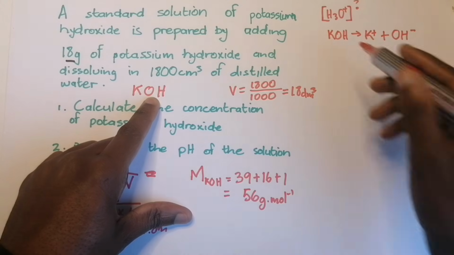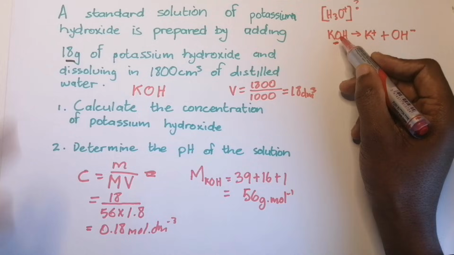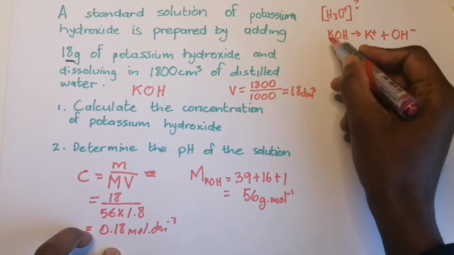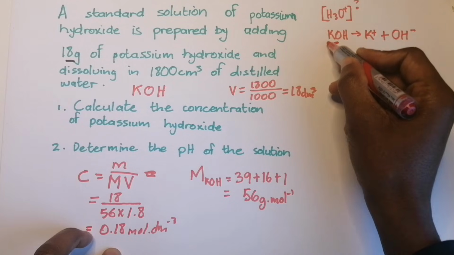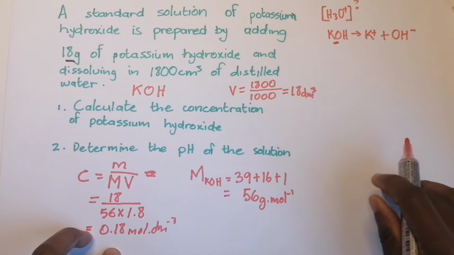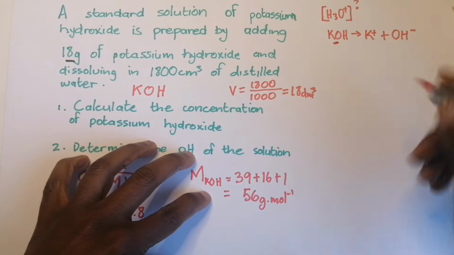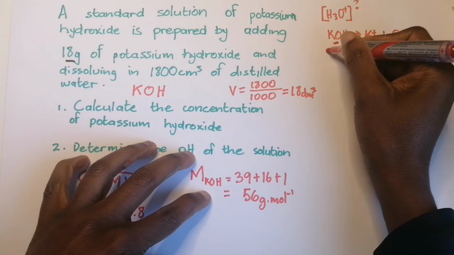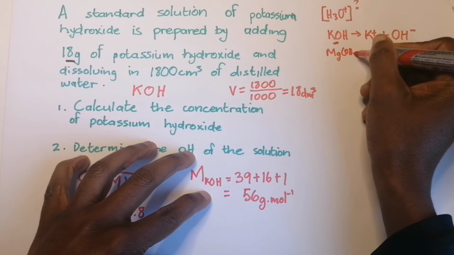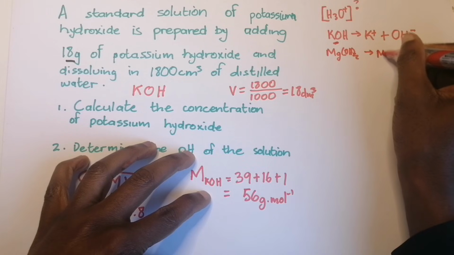So do I know the concentration of potassium hydroxide? Yes, we do, we said that's 0.18. So I note once again, for every one of this, I will get one of that. Ladies and gents, if you remember the case of magnesium hydroxide, that's why I always insist on this.